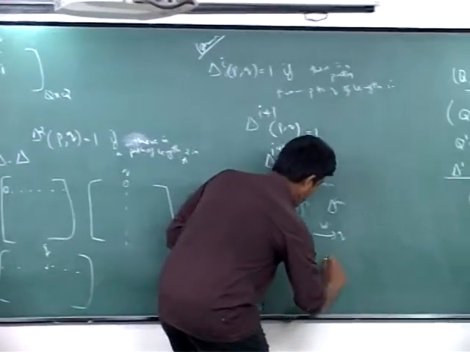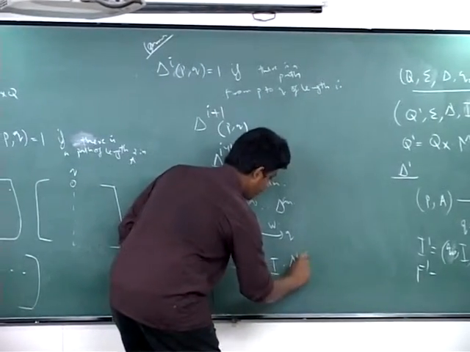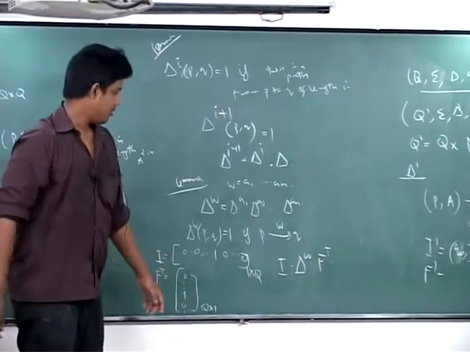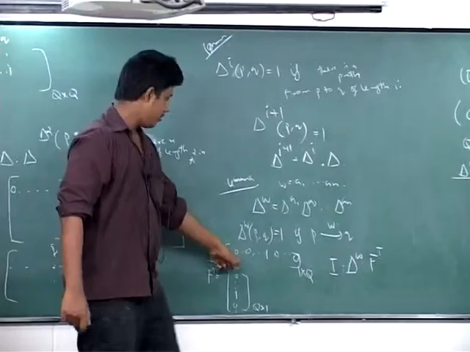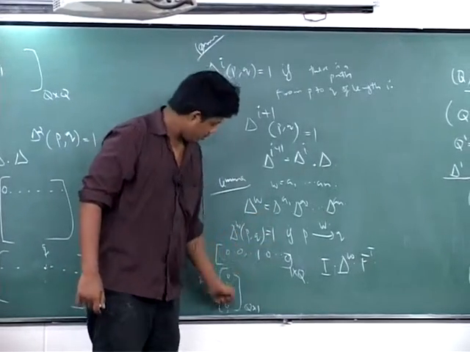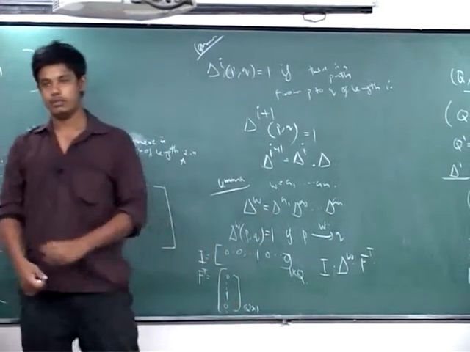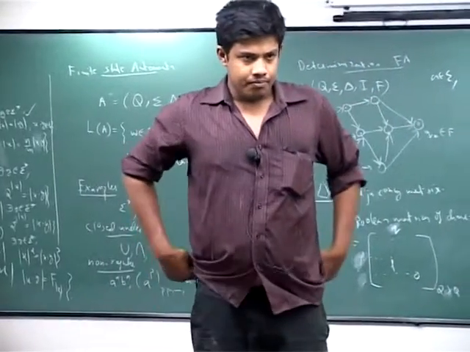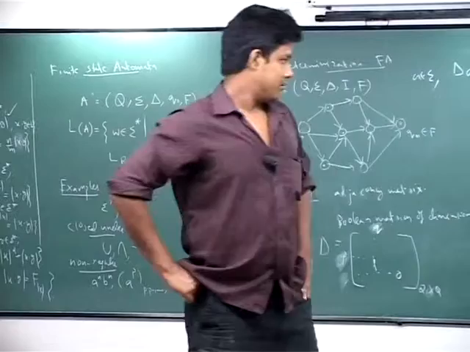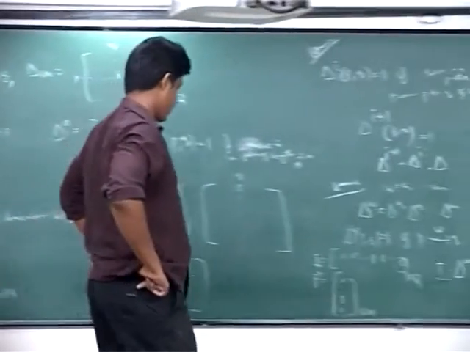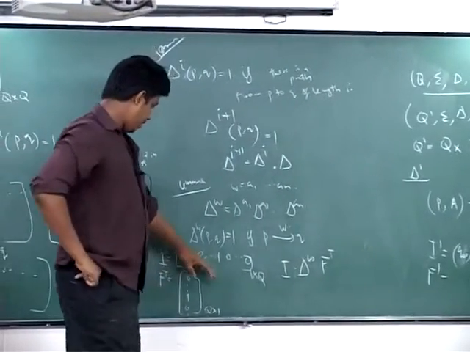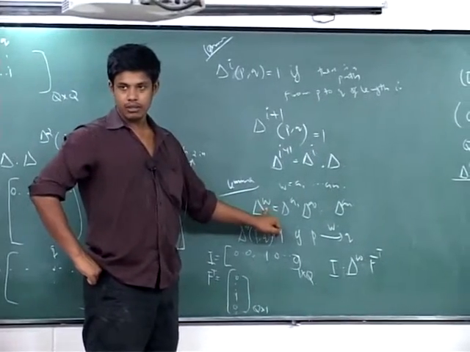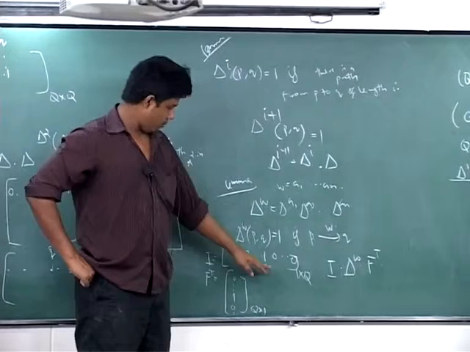Now, what will be I times delta power w times F transpose? What do you think that is? First of all, let's find out what is I times delta power w. What is its dimension?